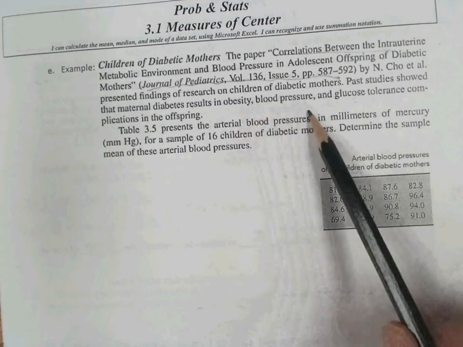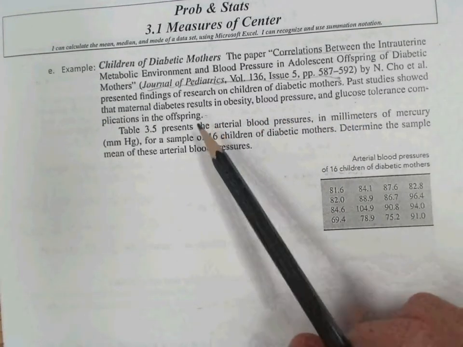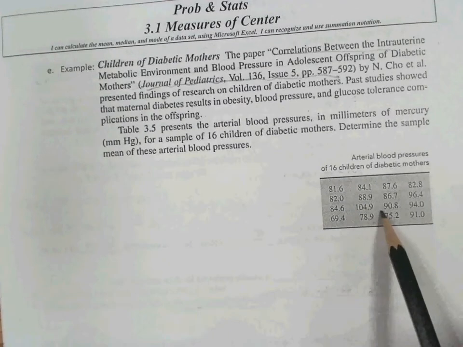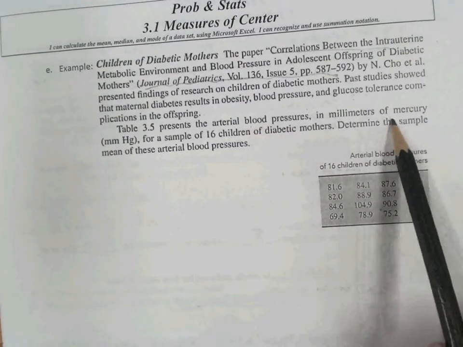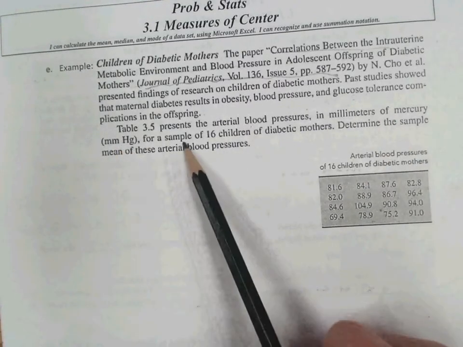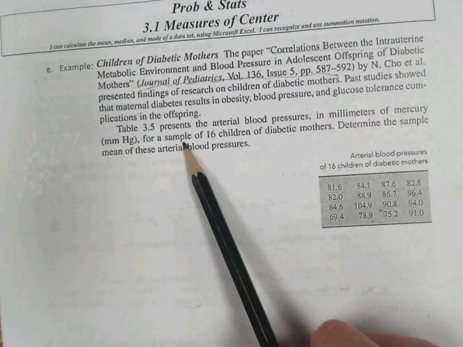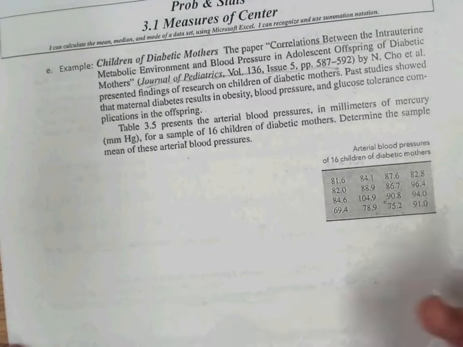Past studies showed that maternal diabetes results in obesity, blood pressure, and glucose tolerance complications in the offspring. So you can see table 3.5 presents the arterial blood pressures in millimeters of mercury for a sample of 16 children of diabetic mothers. Determine the sample mean of these arterial blood pressures.